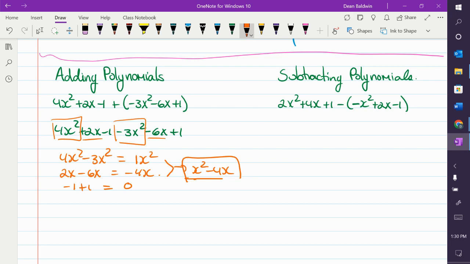The subtracting is where things change a little bit. So what do you do when you're subtracting polynomials? What do you have to do with the negative that's out front?